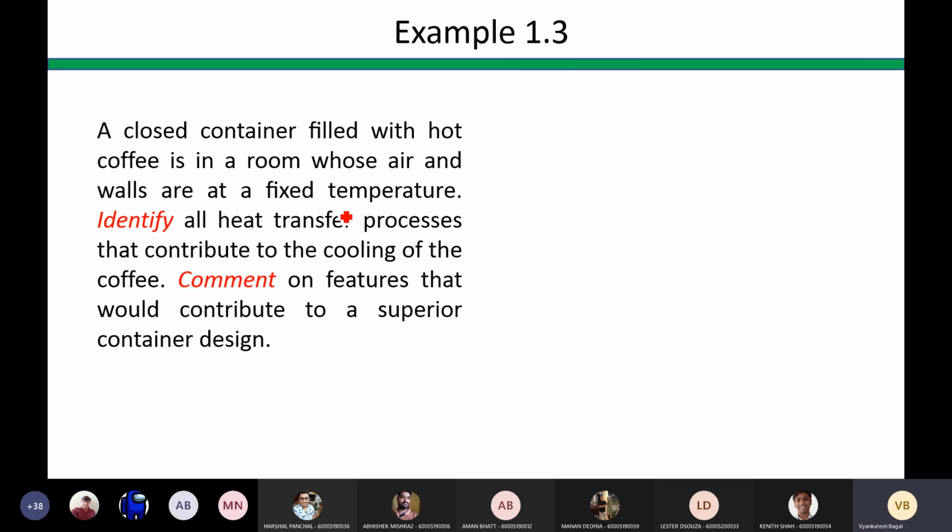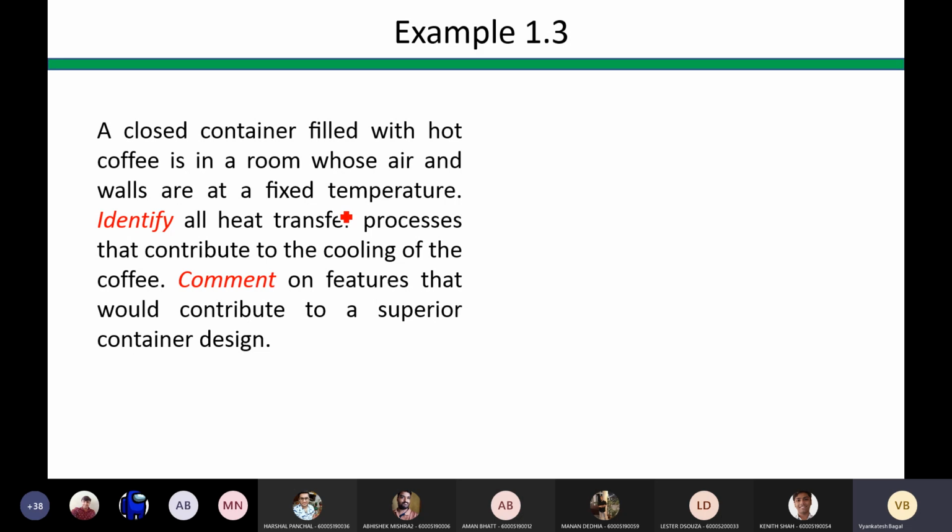Now here is one more example. We are not going to calculate anything in this example. We will try to understand the different mechanisms by which heat transfer takes place in this typical problem.